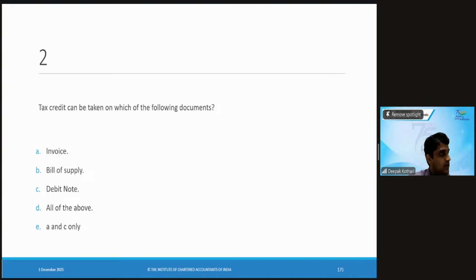Second MCQ. Generally, we have four options. In this, we have five options.